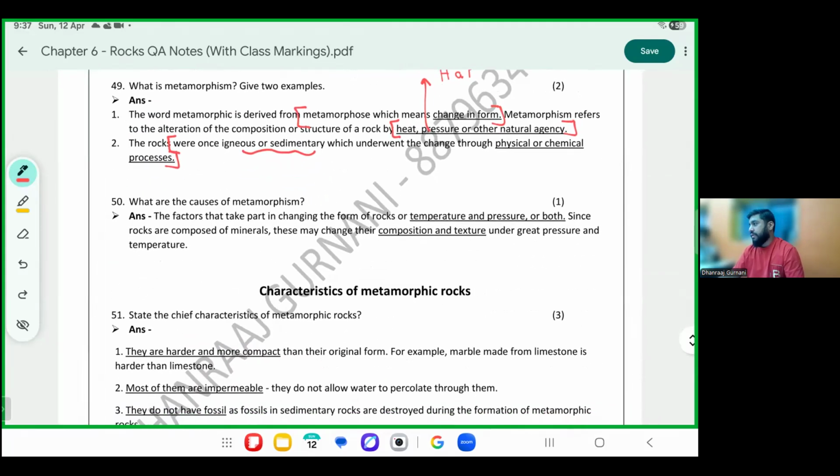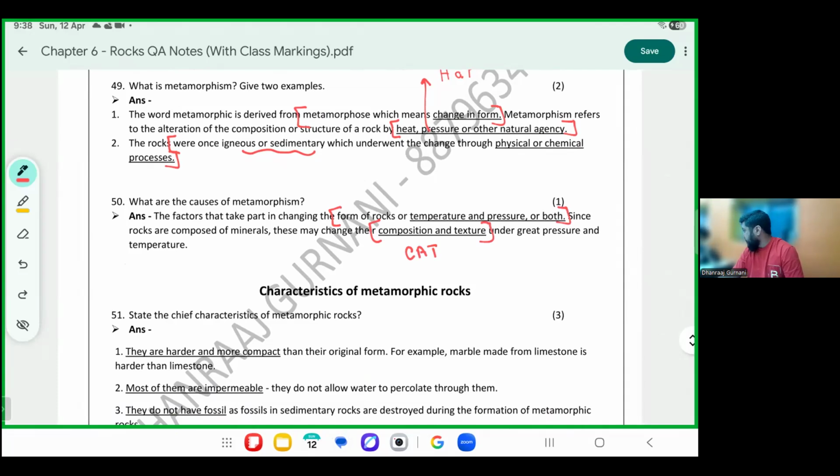I will teach you. What are the causes of metamorphism? It is a form of rock which has been exposed to temperature, pressure, or both. It will change either the composition or texture. Please write CAT. HAP has an effect on CAT.